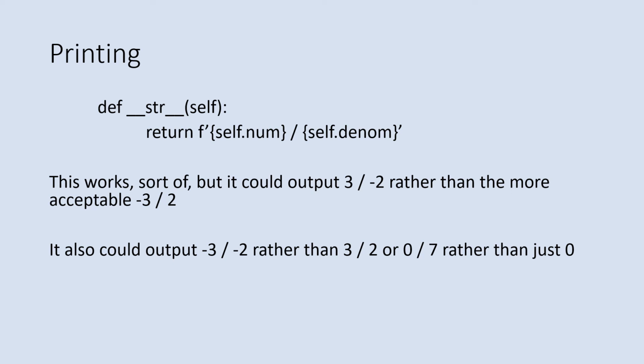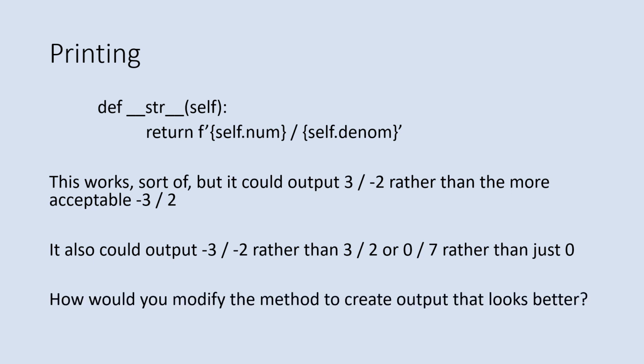So don't just return this formatted string. Do some more calculation, some more testing, some more conditional statements. If it looks like this, then do this thing. If it looks like that, then do something else, and return something that looks nice in all different kinds of scenarios of using the print function. And so rather than a single line in our dunder str method, maybe we have several situations that we consider to see what happens.